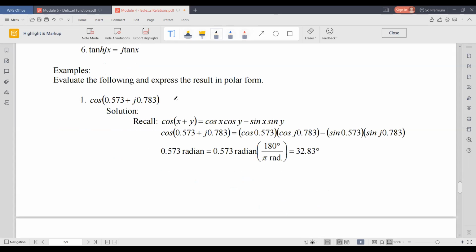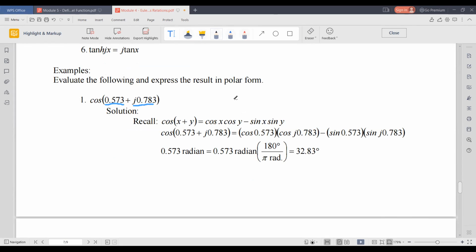Okay, so here now we apply the trigonometric identities. Then the addition formulas for this case, no? So this is basically cosine of your first term, second term, that is 0.570. So this is your x. This is your x and this is your y.